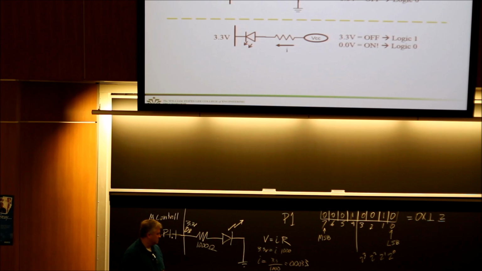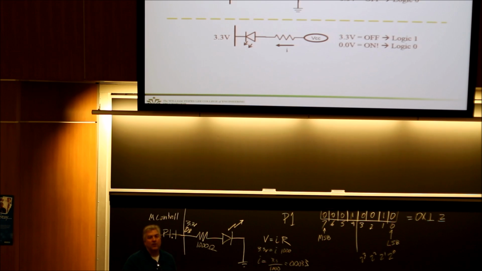Or would it be? No, just 3. So we have 3.3 milliamps, which is a good low amount of current to be flowing. And so that would cause this LED to light up. Hence, we say that up there.